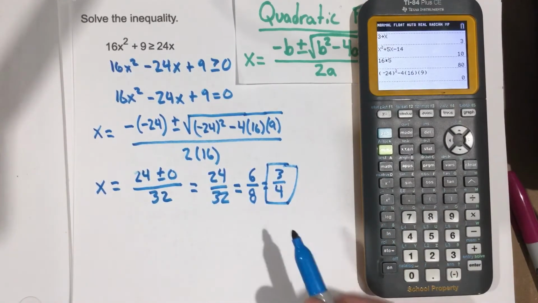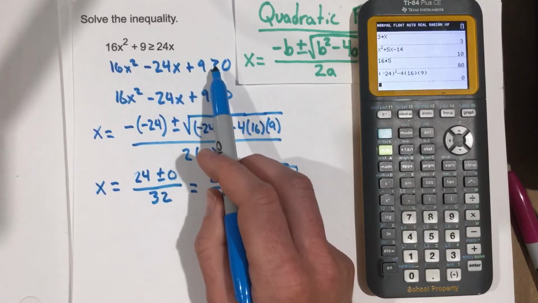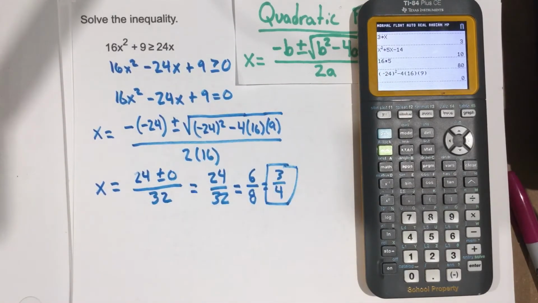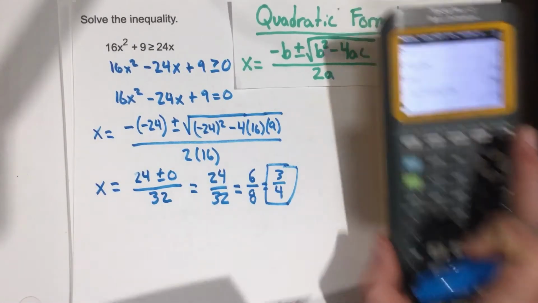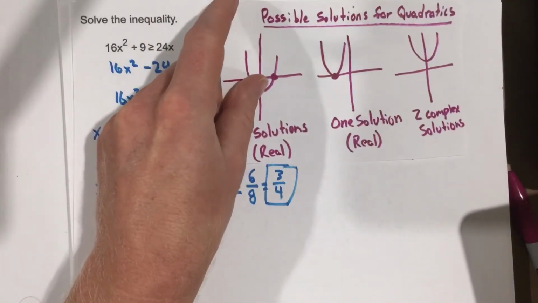Now, notice we didn't get 2 solutions. We only got 1 solution. And we're trying to solve this inequality that's greater than or equal to 0. Well, let's pull back out what it looks like to have 1 real solution for our quadratics.